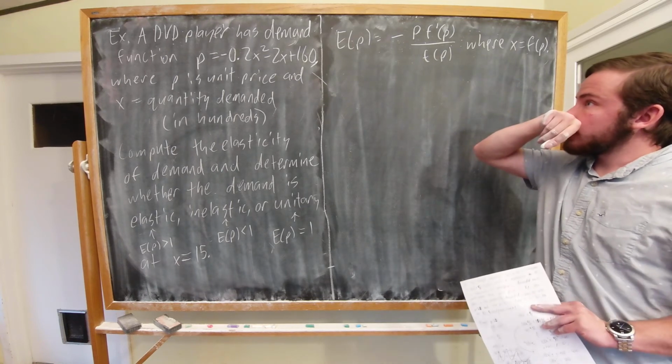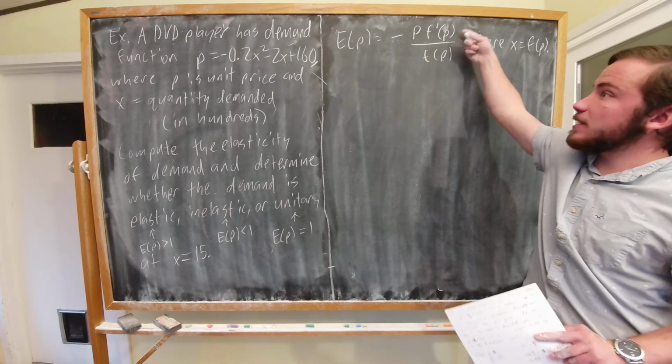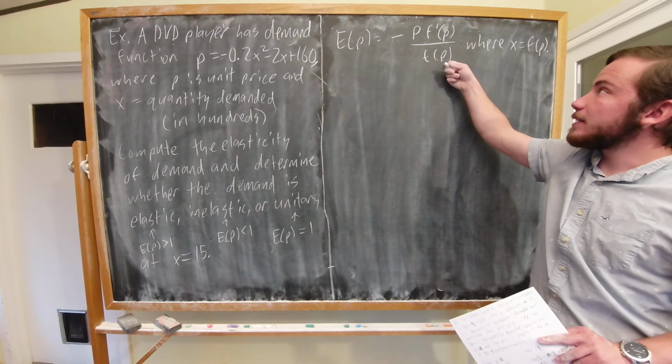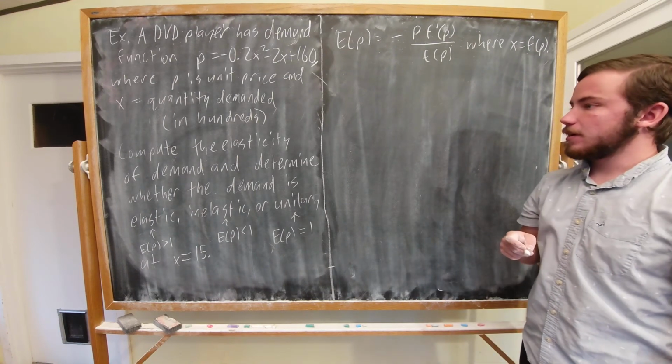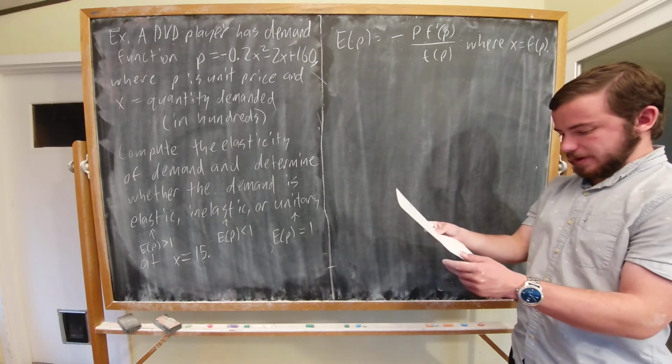I want E of P. To get it, I need this F prime of P, I need an F of P, and I need P. Okay, let us do it.